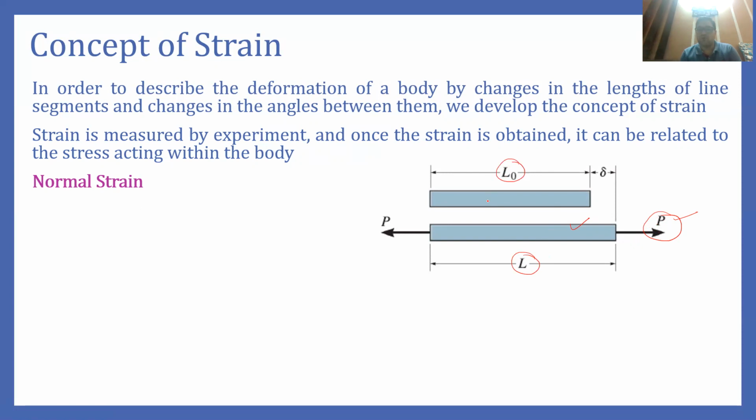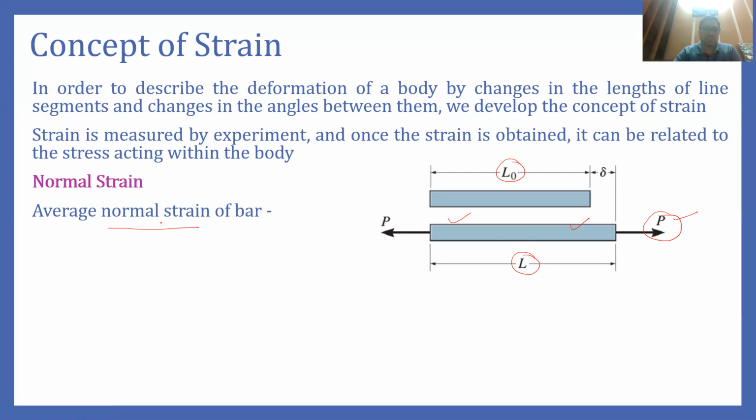Now if we want to quantify the change in length, or the deformation in this bar, we can do so by calculating the parameter normal strain. To be specific, average normal strain, because here we are talking about the average normal stress. So average normal stress will have average normal strain.